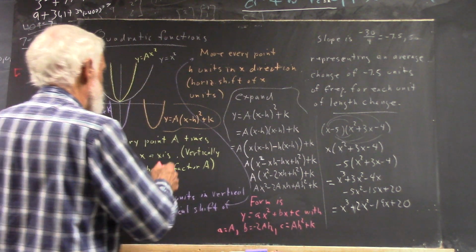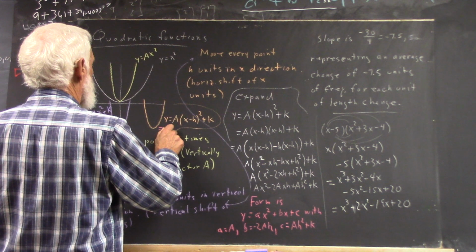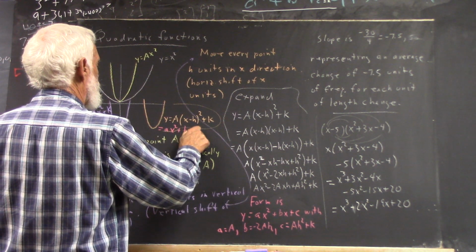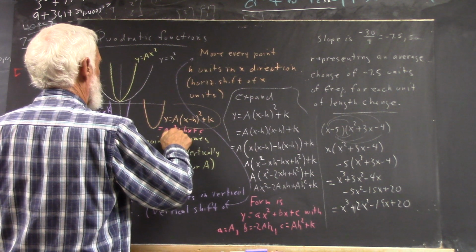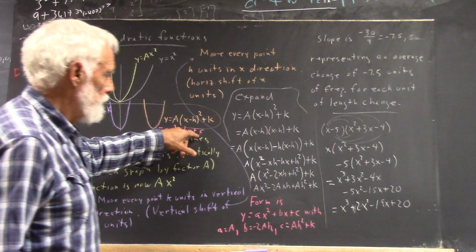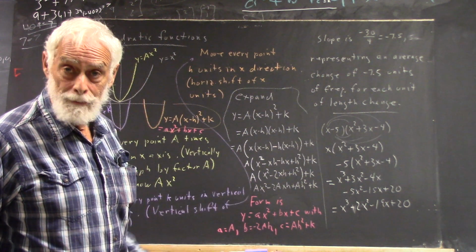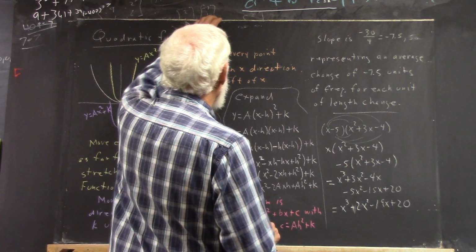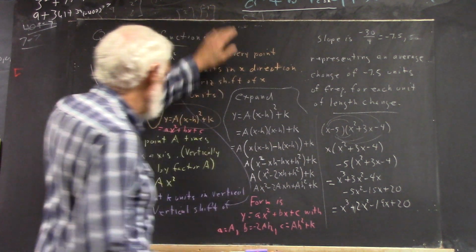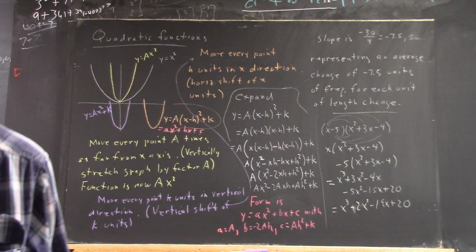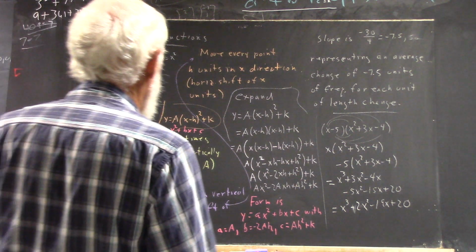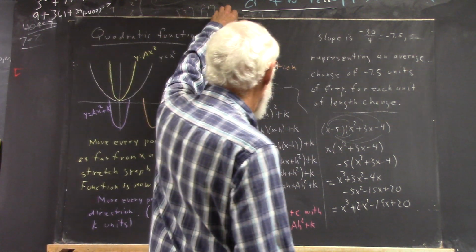So that's equal to AX squared plus BX plus C for these values. Well, now in this form, we can get an awful lot of information.